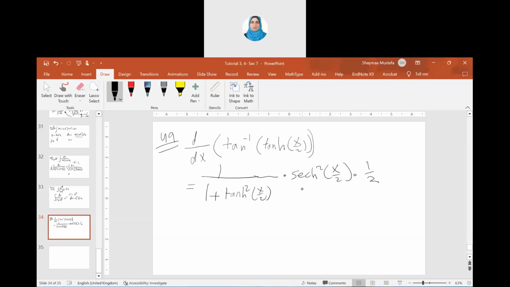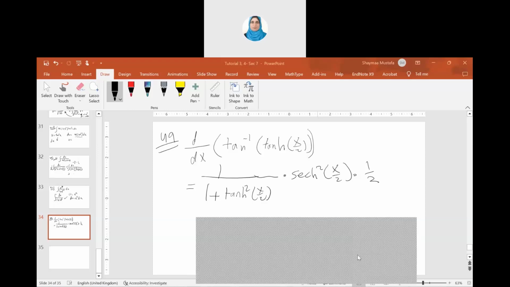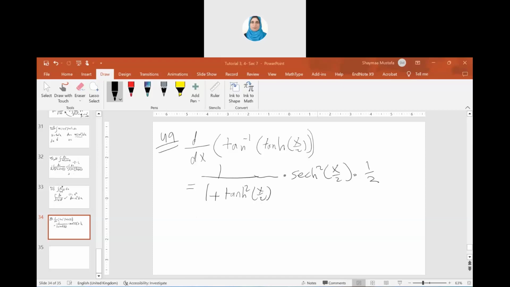Now 1 plus tangent square, I need to check the identities first. 1 plus tangent square is sec square, and we proved this just now.